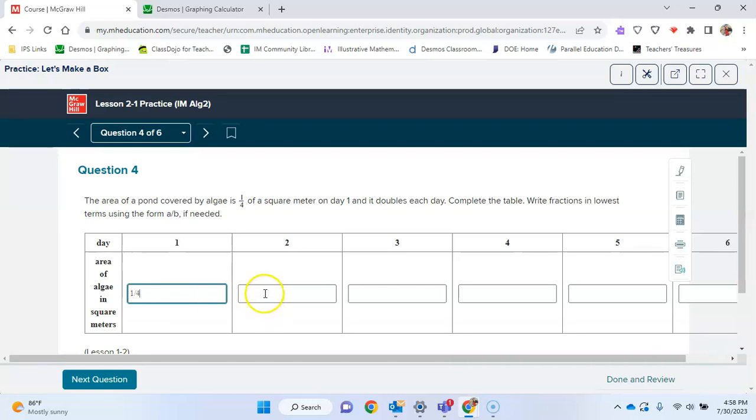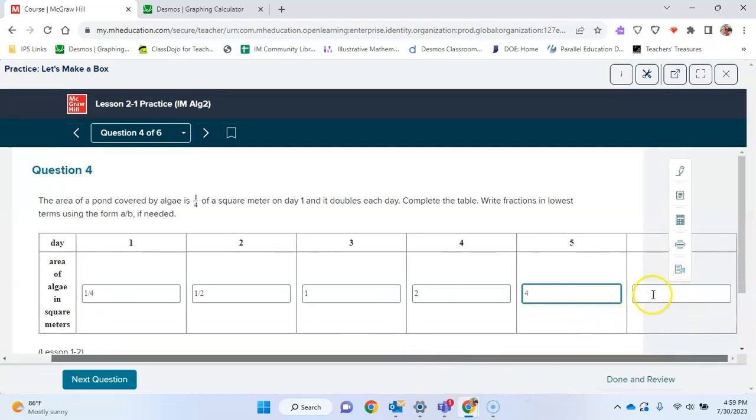If I double 1/4, that would be 2 times 1 divided by 4, which is 2/4 or 1/2. If I double 1/2, that'd be 1 times 2 divided by 2, which is 1. If I double 1, 1 times 2 is 2. If I double 2, 2 times 2 is 4. And on the last day, 4 times 2 is 8.